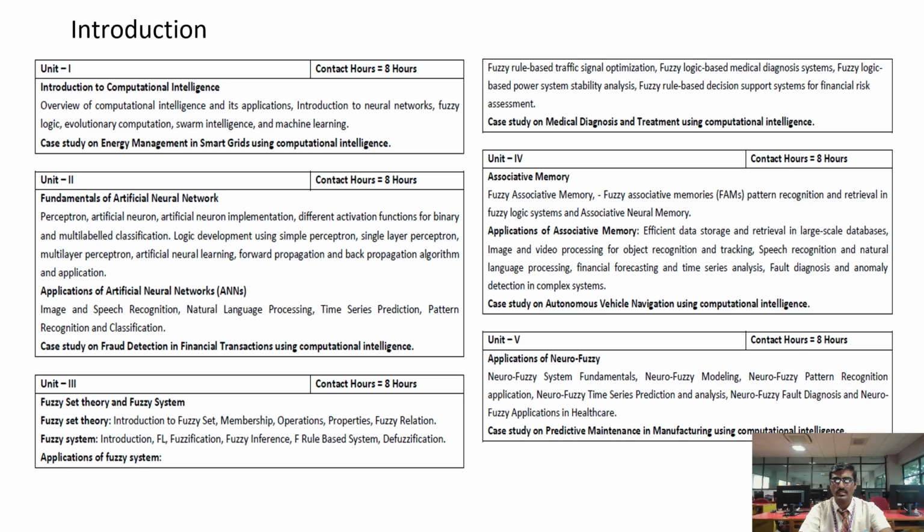Also fault diagnosis and anomaly detection in complex systems. In unit number 5, we'll study applications of neurofuzzy systems: neurofuzzy system fundamentals, neurofuzzy modeling, pattern recognition, time series prediction, fault diagnosis, and neurofuzzy applications in healthcare.